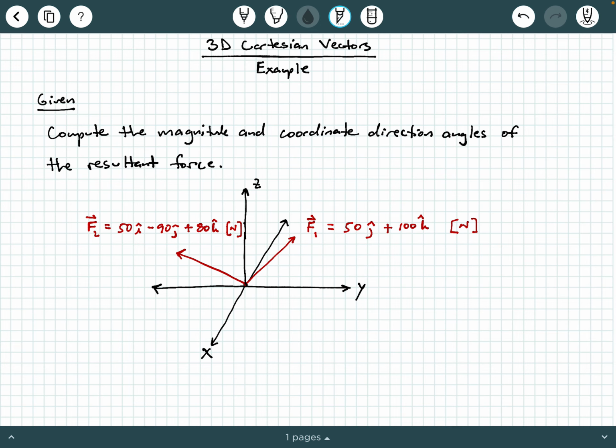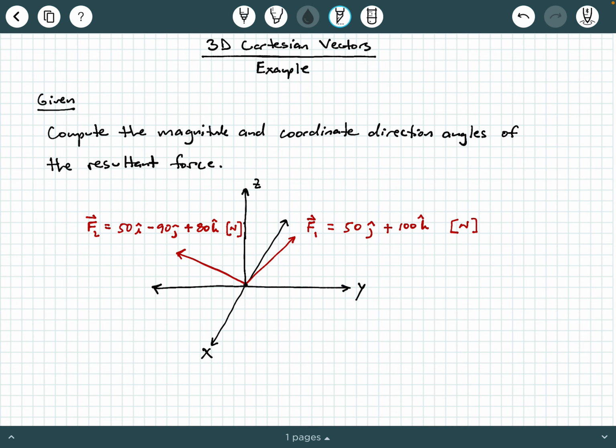Now the given force vectors that we have are F1, which has no x component, but it has a y component and a z component. So we have this 50j and 100k, but no x component, which really means that F1 is only in the two-dimensional YZ plane.